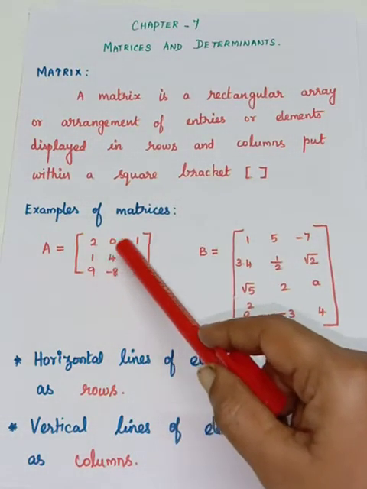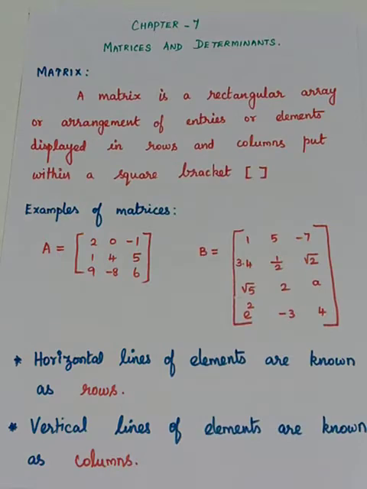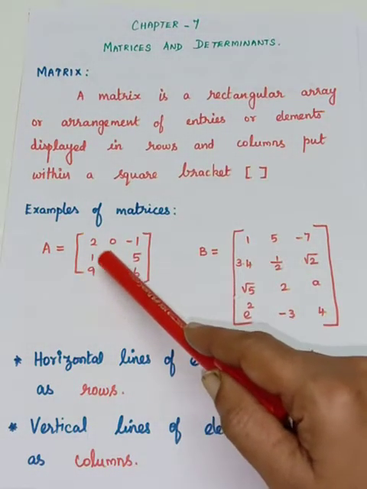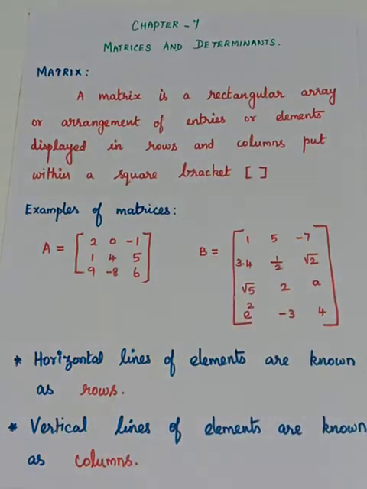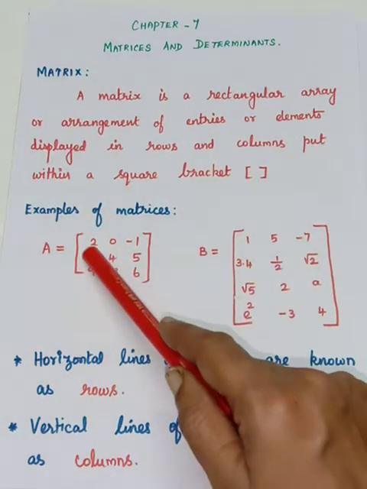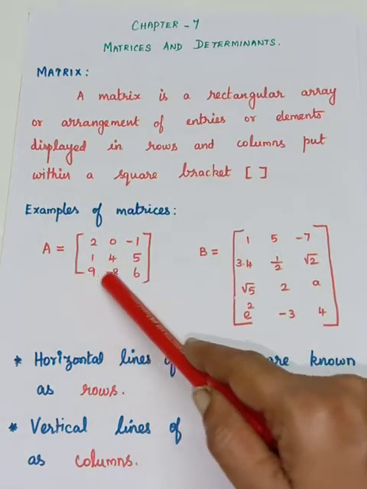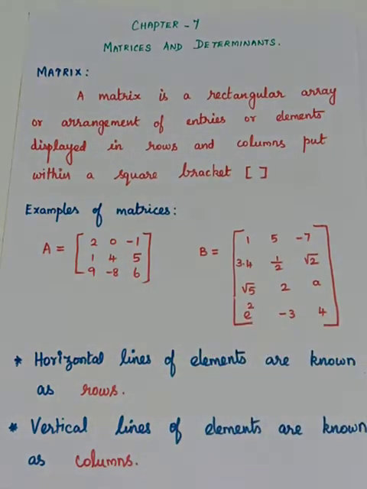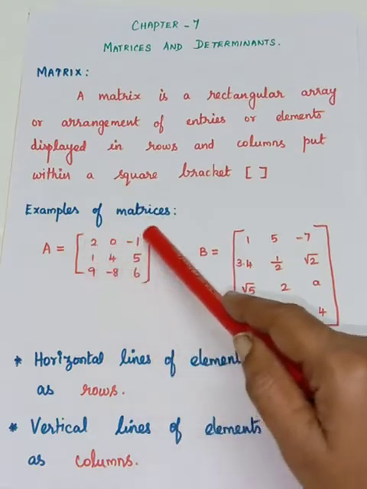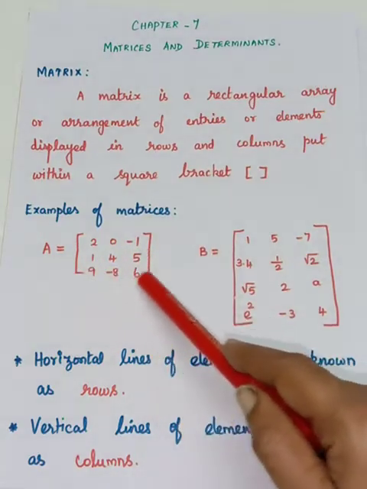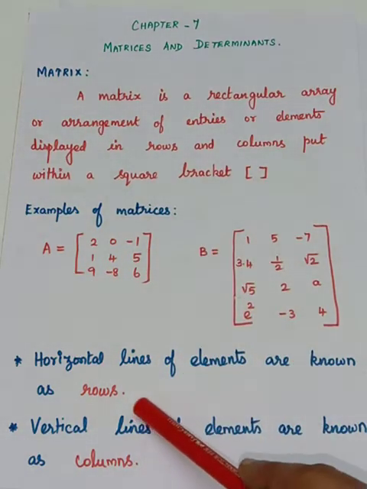So, 2, 0, minus 1 are the elements in the first row. 1, 4, 5 are the elements in the second row. And 9, minus 8, 6 are the elements present in the third row. So, the horizontal lines of elements are known as rows.